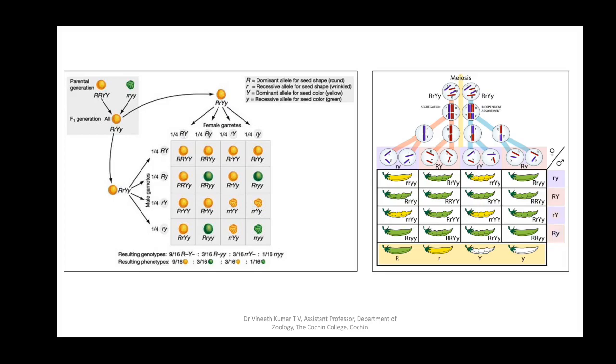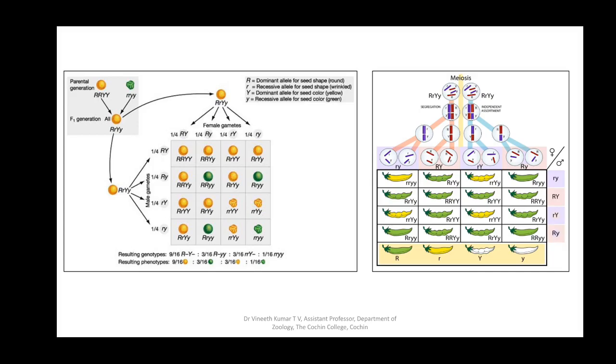Yesterday we saw a monohybrid cross where we took only one character, which was flower color, with two alleles, which were red and white. When a cross is made by focusing on two different characters, it is to be noted that it is not two different alleles, it is two different characters.